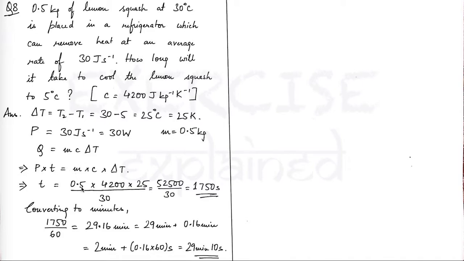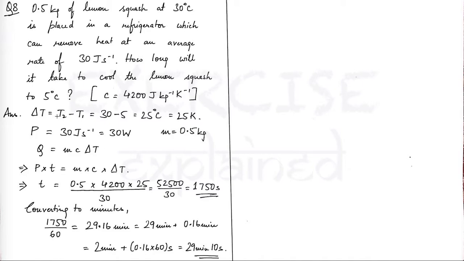So M is 0.5, as given in the question. Specific heat capacity is given in SI unit, that is 4200 joules per kg per Kelvin.